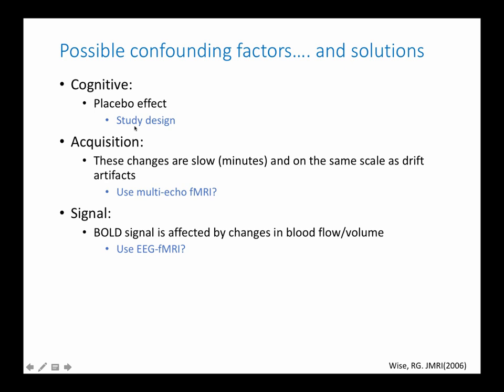I'll talk about this one next in terms of how to look at that and fix it using maybe study design. I'll look at some acquisition effects, just because the drug effects are slow and are on the same order as some of the artifacts in fMRI, and then some of the signal changes that I've been mentioning also.